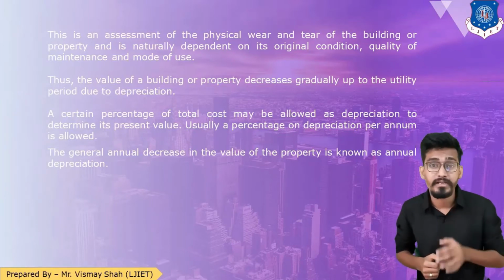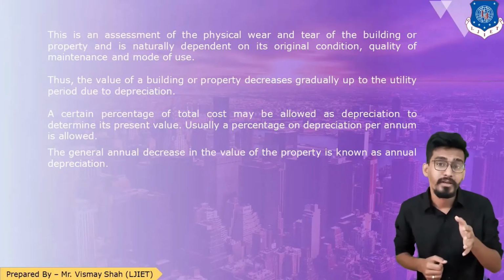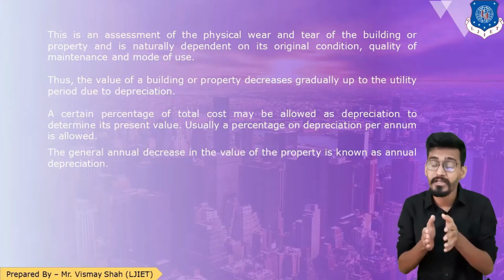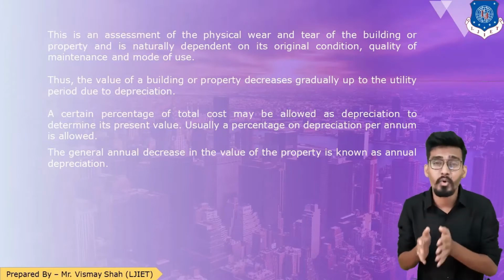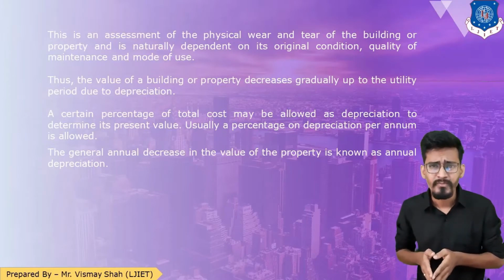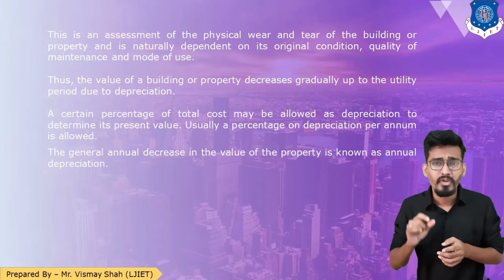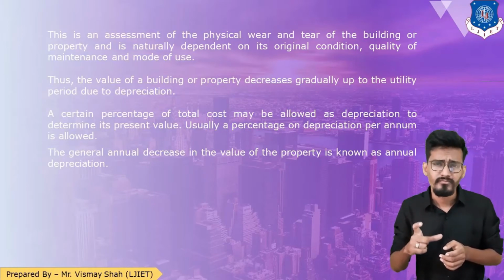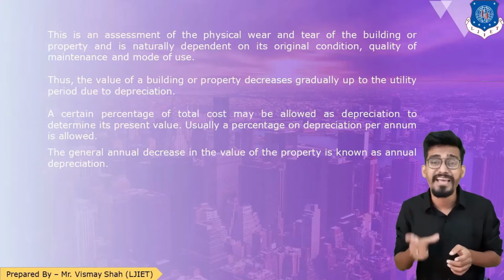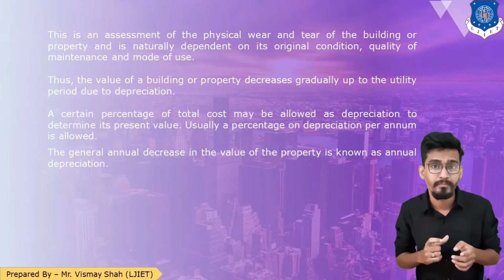Yes, you have heard it correct. The calculated depreciation, a certain percentage of the total cost, is allowed as depreciation, and that is applicable annually. So the depreciation becomes annual depreciation.